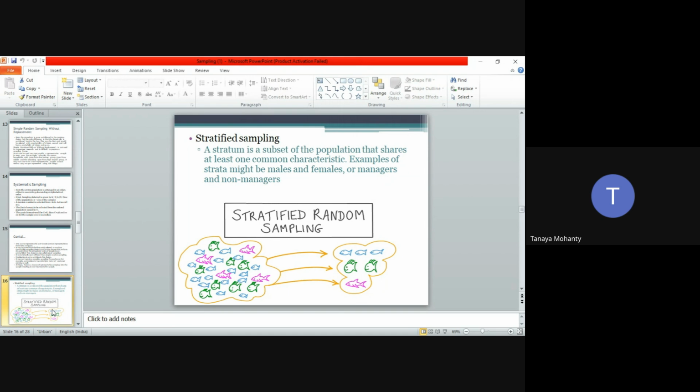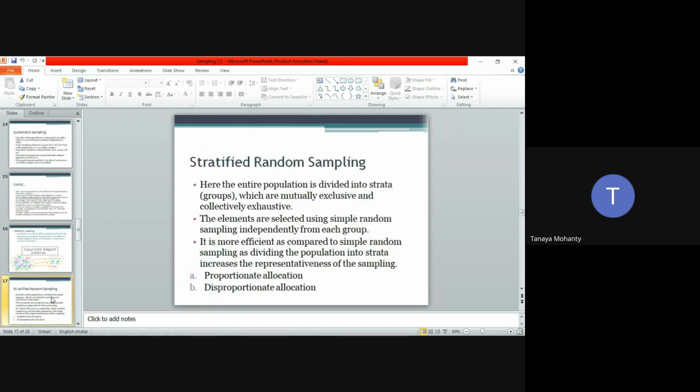So I have taken two green ones. And the pink ones have the least population, and that's the reason I have chosen only one sample from that category. I hope I'm clear. Now, coming to the details of stratified random sampling.